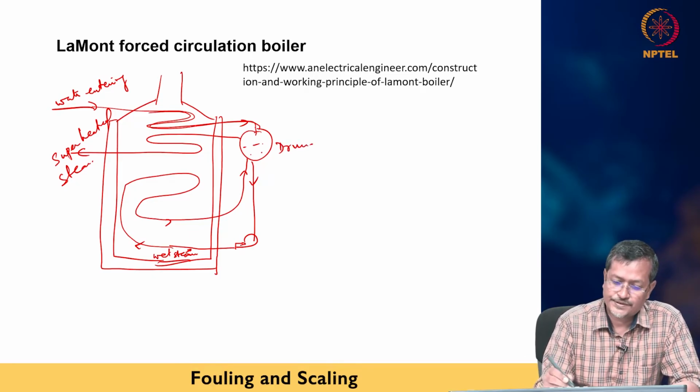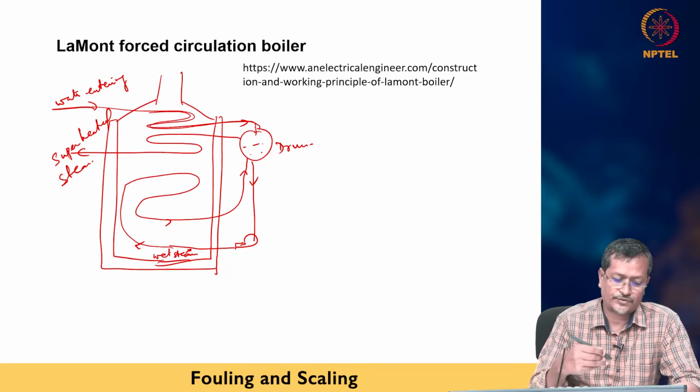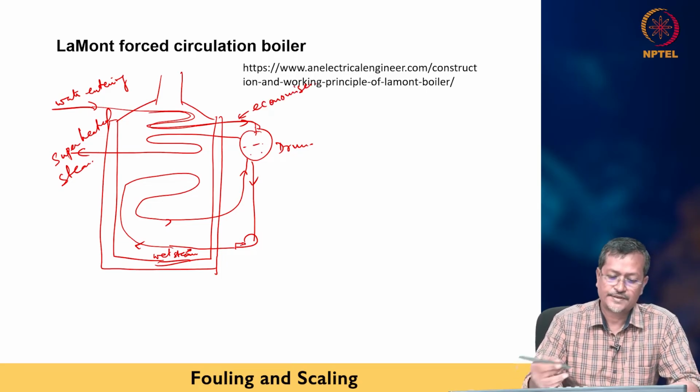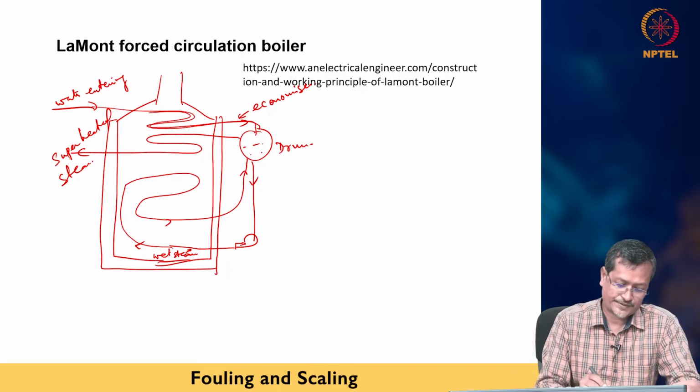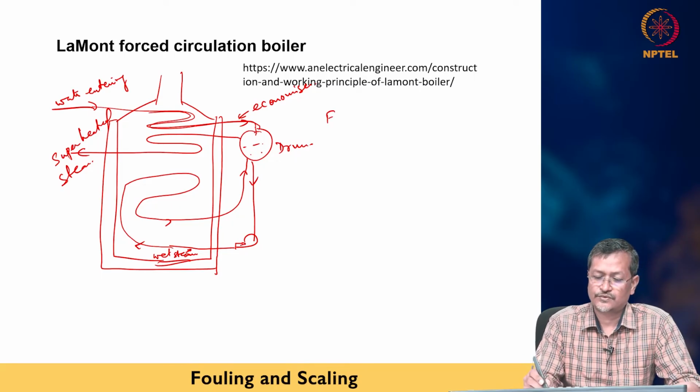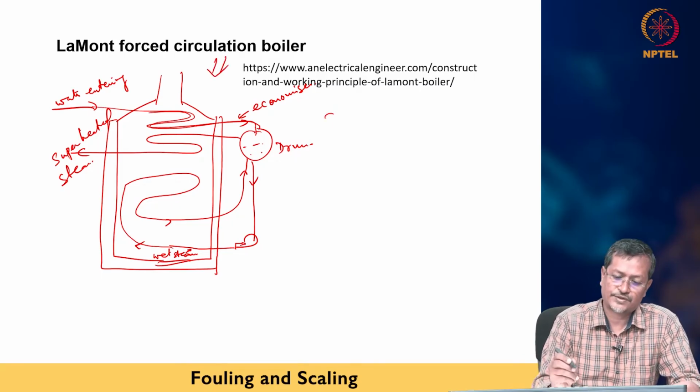Okay, this is the economizer. Inlet water is coming from the economizer. Flue gas will give some heat to the feed water, so that is called economizer. This is called forced circulation. Lamont forced circulation boiler.